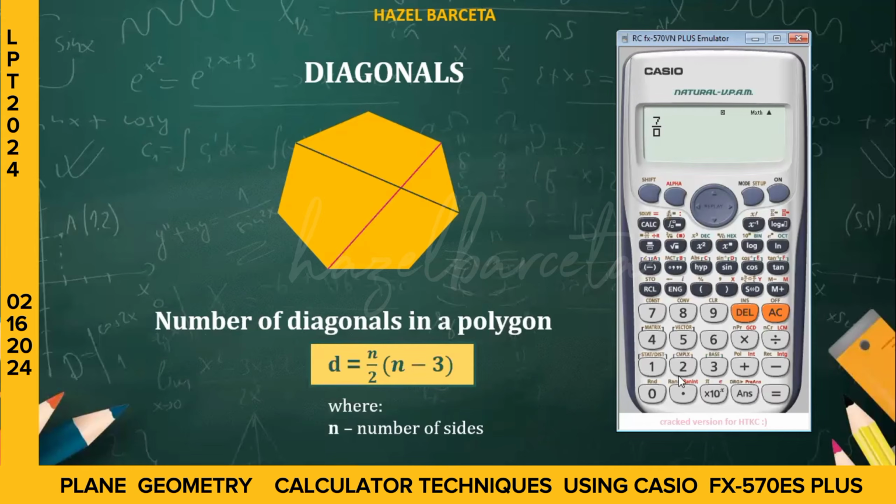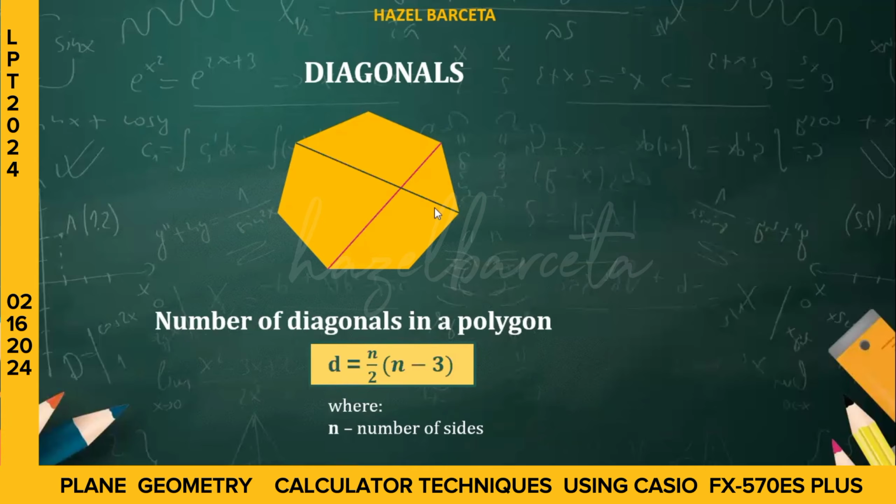7 over 2 times 7 minus 3. Okay? So, number of diagonals is 14. So, let's check. We have 2. So, kulang pa tayo ng 12. 3, 4, 5, 6, 7, 8, 9, 10, 11, 12, 13, and 14.